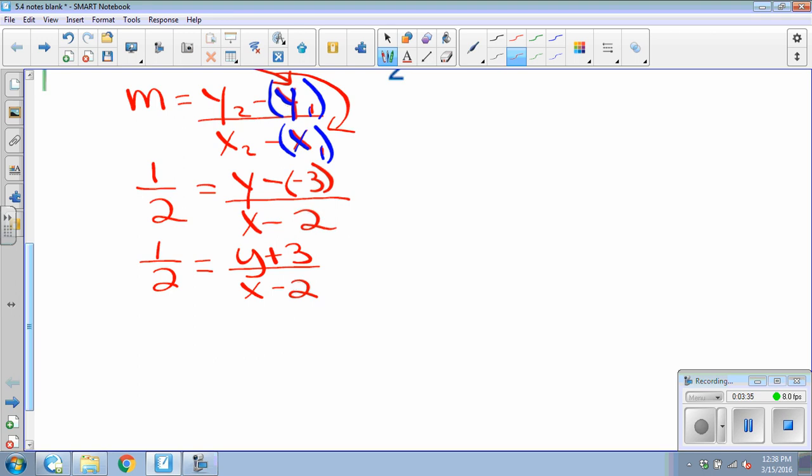Right? Yes. Now all we do is step 2, which is cross multiply, and then we'll rearrange it to where it's in slope-intercept form. We'll rearrange it to get y by itself. Okay? Now, remember, if it's in a fraction form, they're like in a grouping symbol.